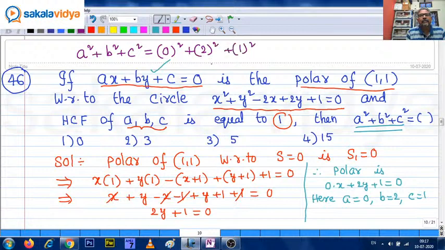Am I correct? So 0 plus 4 plus 1, so 5. That means the desired option is third option. It's absolutely correct. Answer is 5.